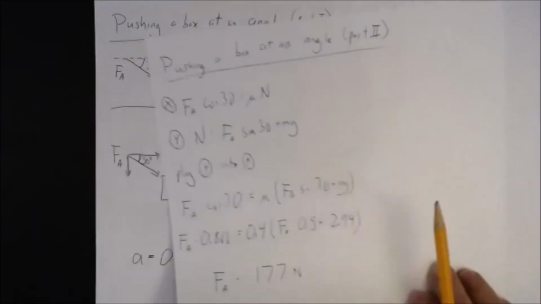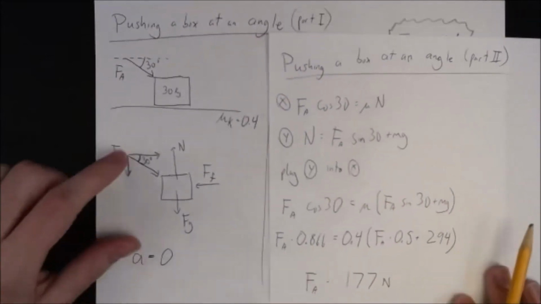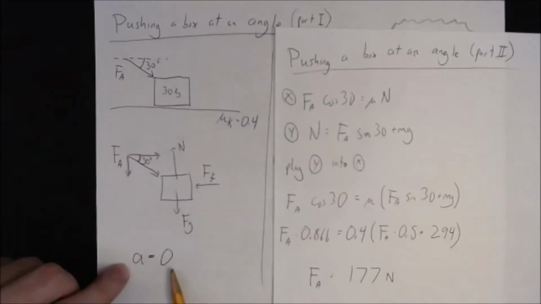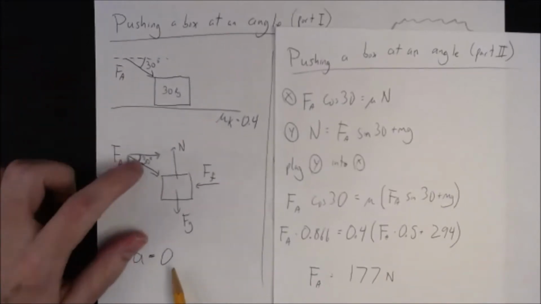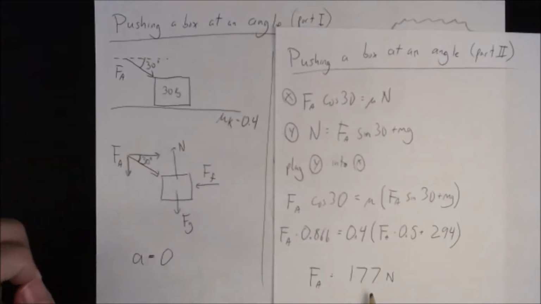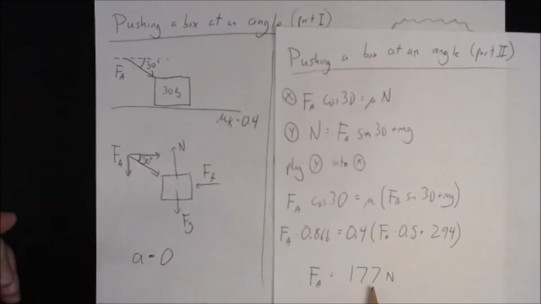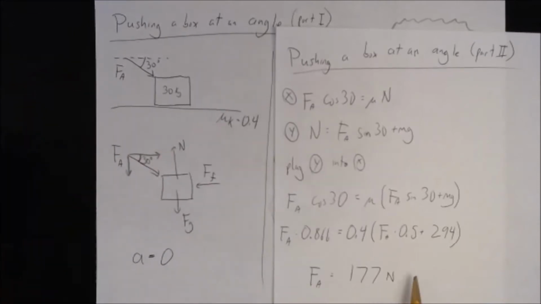The question to begin all this was, at what force do I need to push in order for the acceleration to be 0 if I'm pushing at that 30-degree angle? And so the answer is, well, to push the box across the floor at 0 acceleration, I need to push with 177 newtons.